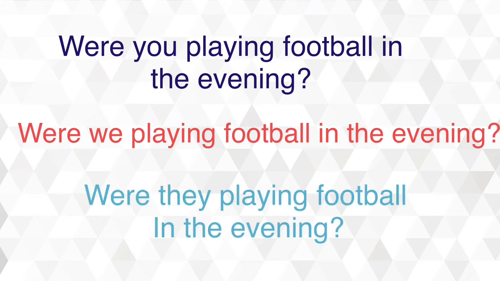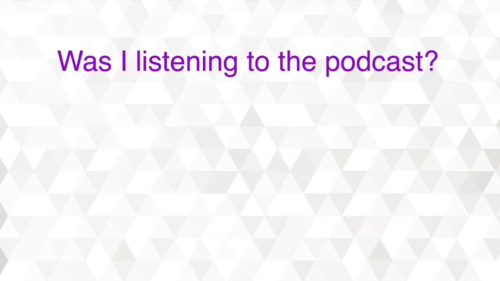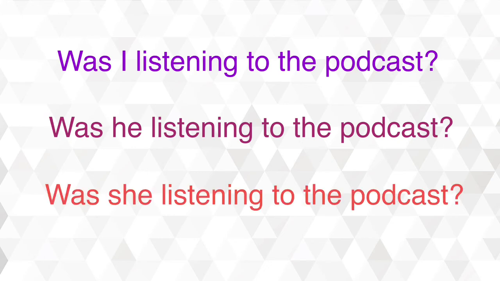The auxiliary were is placed in front of the subject, which is followed by the main verb in the ing form. Now, some more examples. Was I listening to the podcast? Was he listening to the podcast? Was she listening to the podcast?